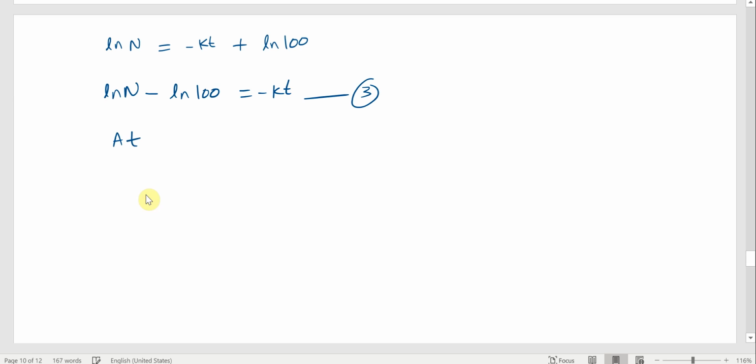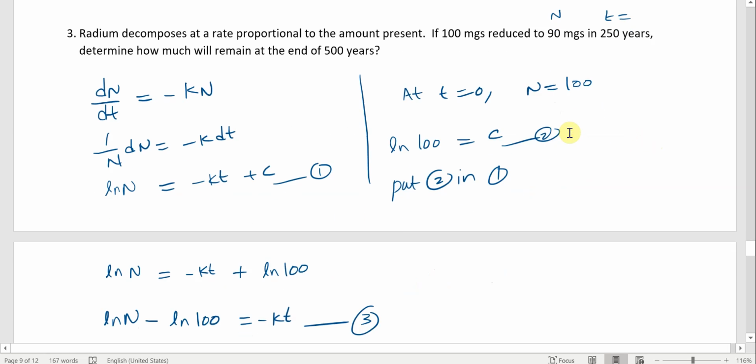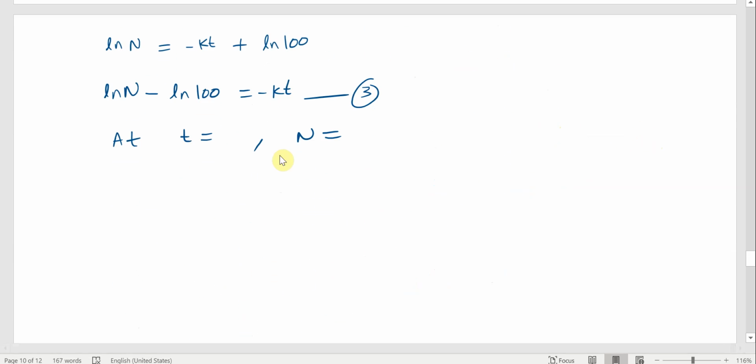Later again, at given time, what is n from the question? If you see the question, 100 milligrams reduced to 90 milligrams in 250 years: time is 250 years, and n is 90 milligrams. So clearly this is time, and this is n. Let us write time 250 and n 90 in equation number 3.